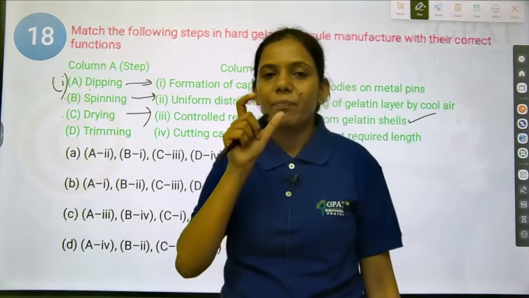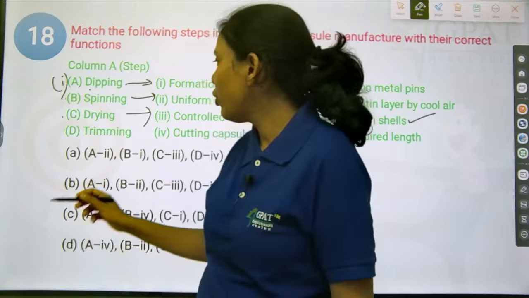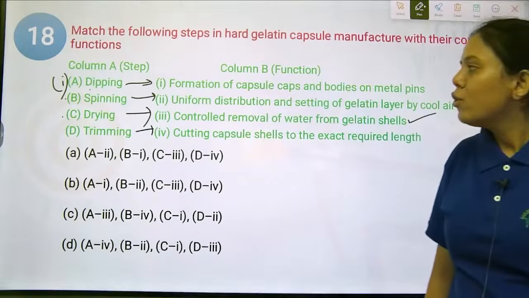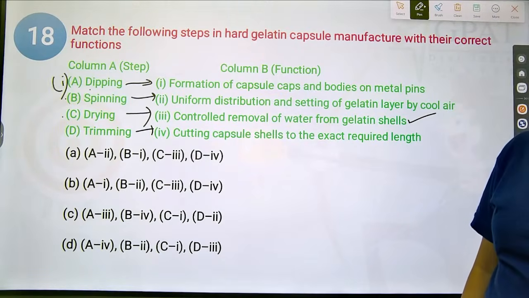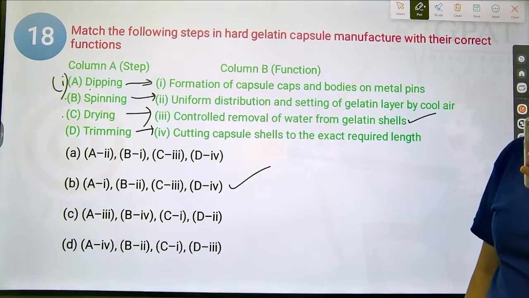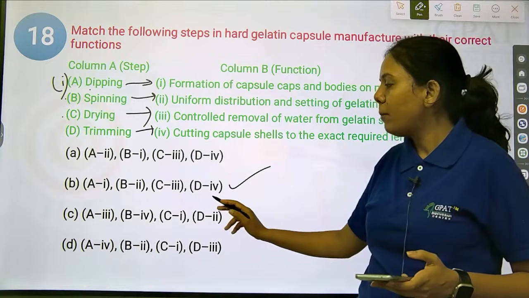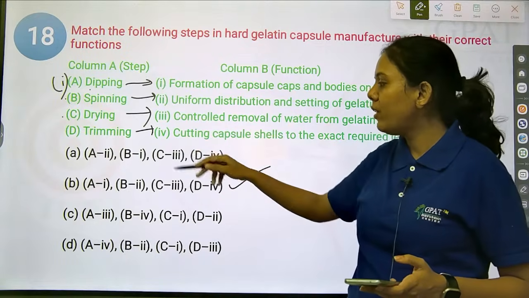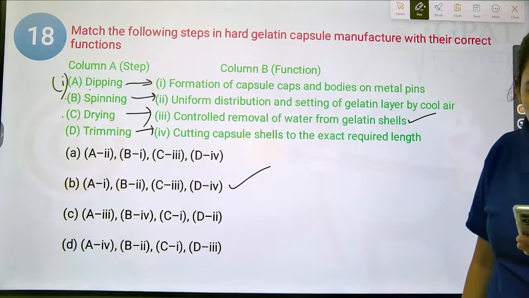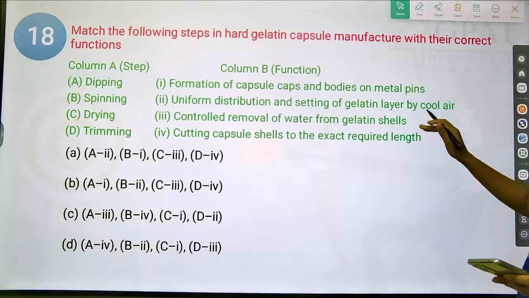Because caps and bodies are forming, you have to cut them and join them again, right? So trimming is nothing but cutting. So 1, 2, 3, 4, whatever sequence is given, that is the right answer. Very good. Option B is the right answer. How would it be option A? It is option B, because the sequence is 1, 2, 3, 4. Okay, so option B is the right answer. Chalo, very good all of you. You are able to solve this one.